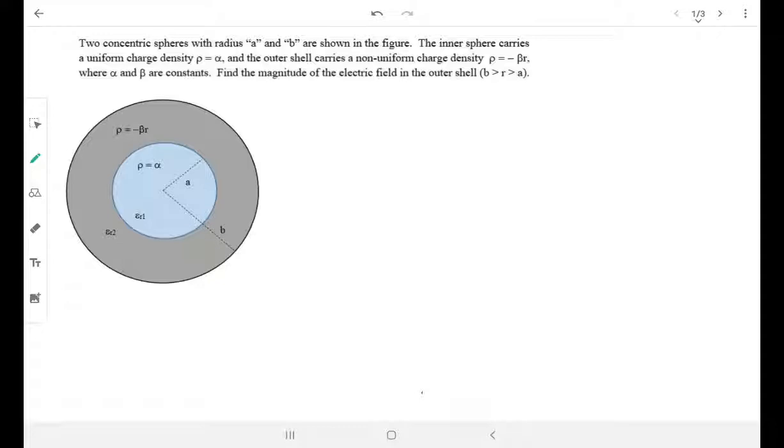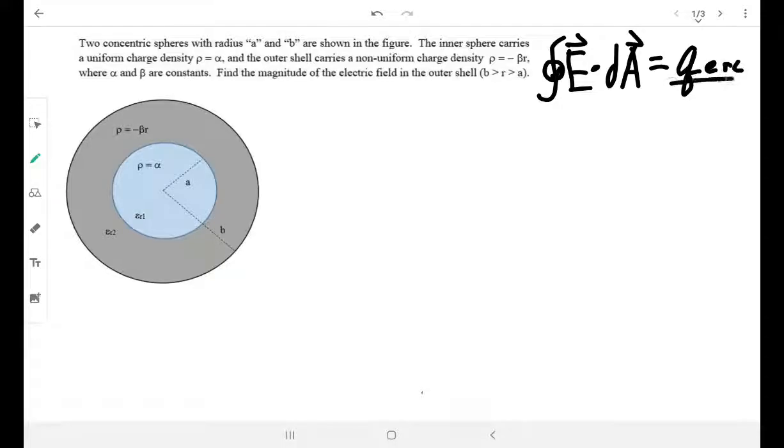And Gauss's law states that you have some integral of a closed surface, and you're finding the E field by surrounding it with some Gaussian surface, and that's going to tell you what the enclosed charge is divided by the permittivity of free space, your epsilon naught.